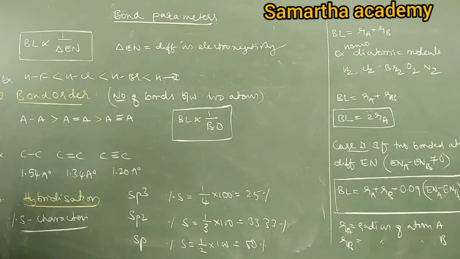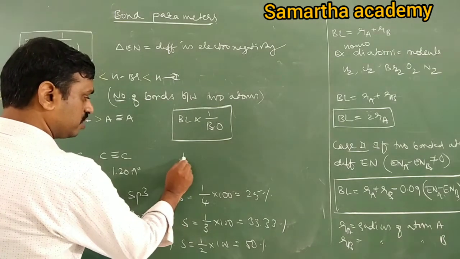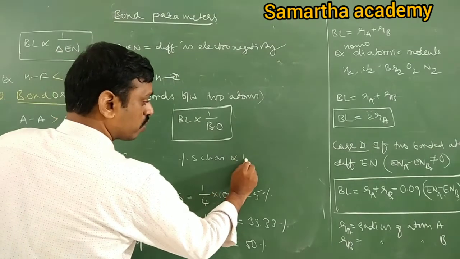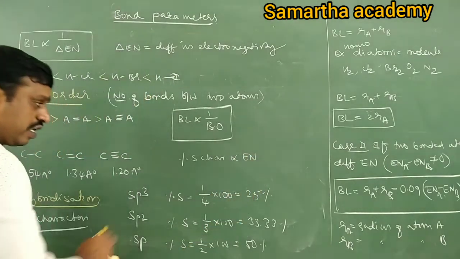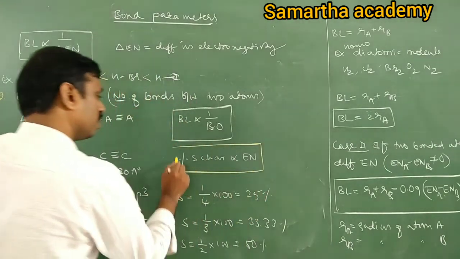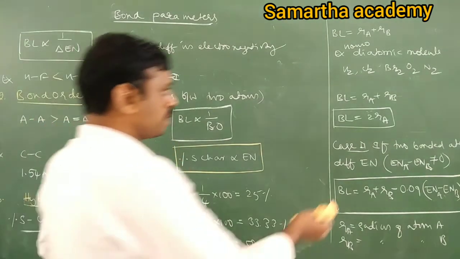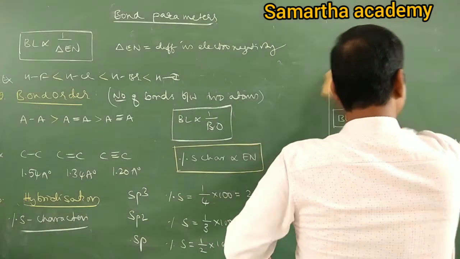But remember one important point: the percentage of s character is directly proportional to electronegativity. This we have studied in classification of elements. Here also write one point, the percentage of s character is always directly proportional to electronegativity.